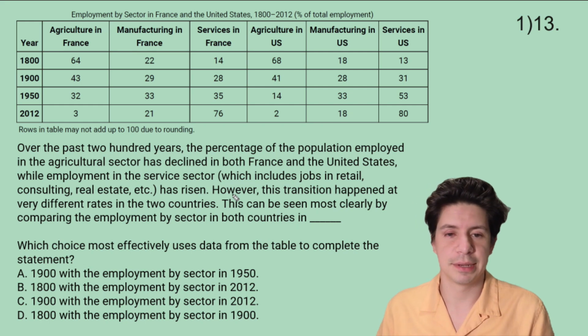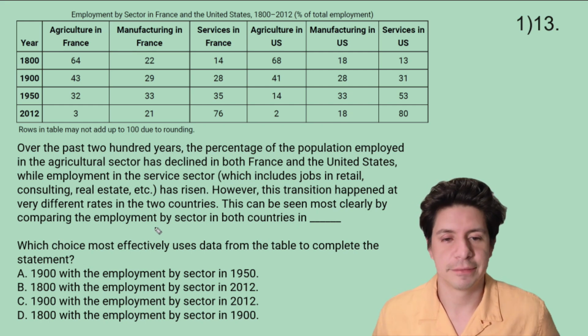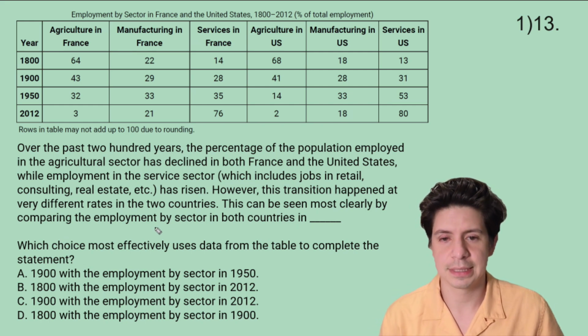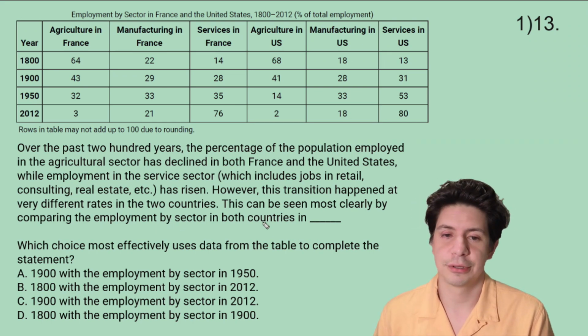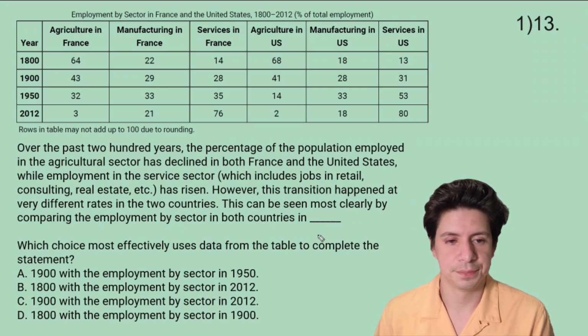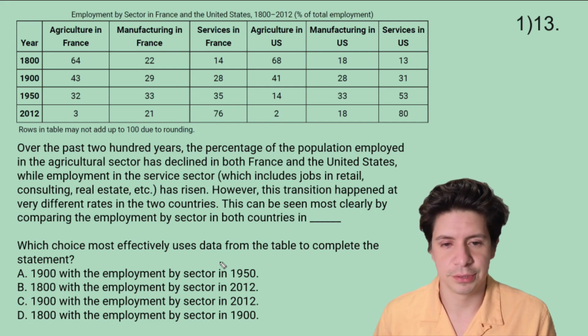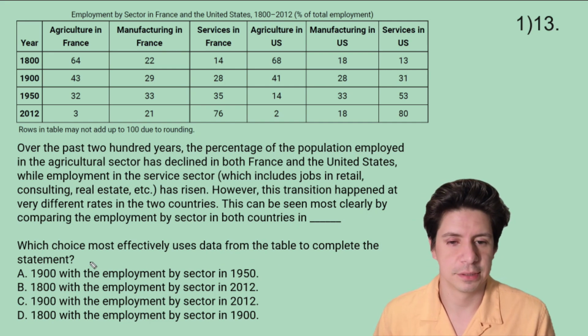However, this transition happened at very different rates in the two countries. This can be seen most clearly by comparing the employment by sector in both countries in blank. Which choice most effectively uses data from the table to complete the statement?